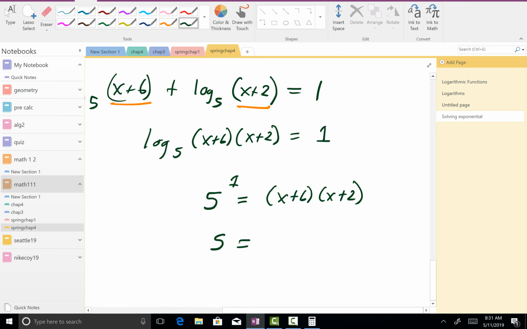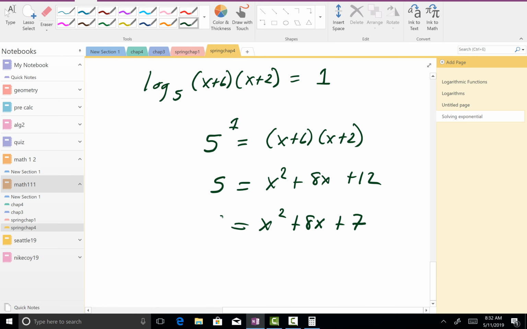Then we just have to work it out. So we can FOIL this. Okay, so we're FOILing it. It's a quadratic, so we got to set it equal to 0. And then you just got to solve it out.